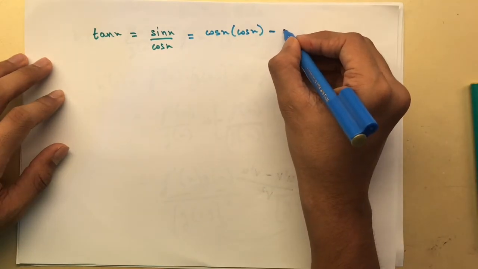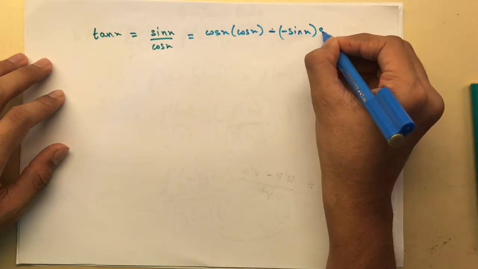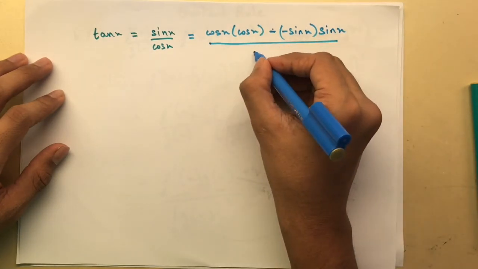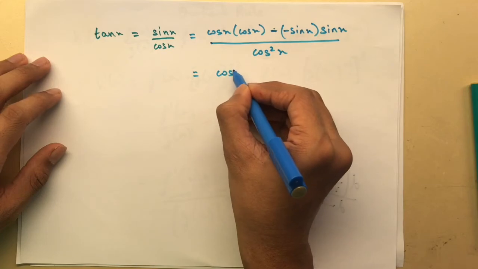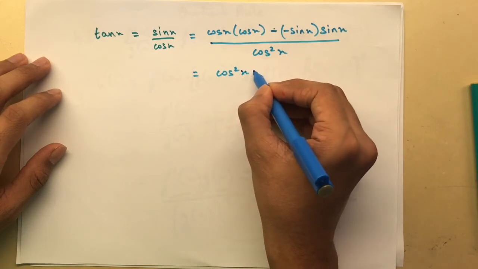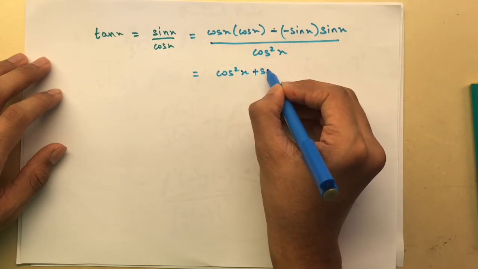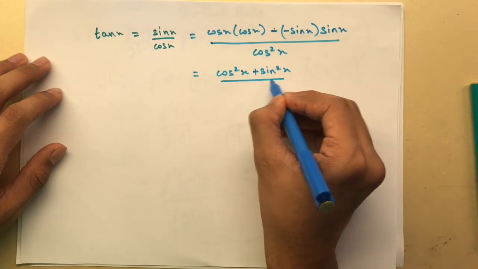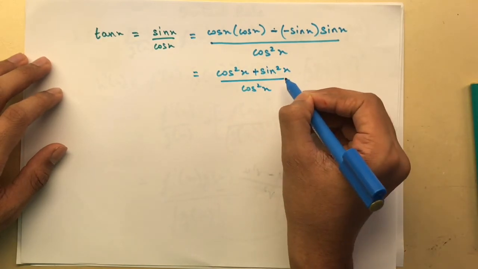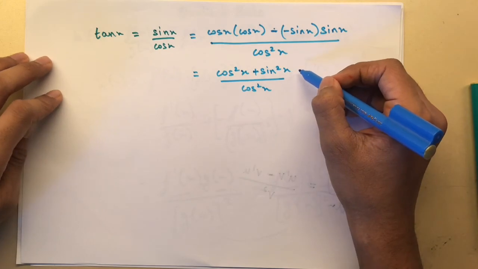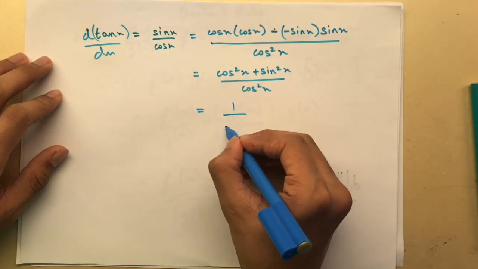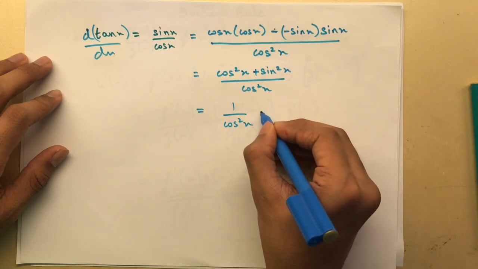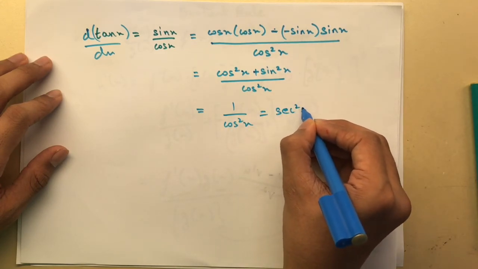Minus the derivative of cos x, which is minus sin x, times sin x, the whole thing upon cos squared x. Now this can be written as cos squared x plus sin squared x upon cos squared x. And since cos squared x plus sin squared x is 1, that is a trigonometric identity, this would be 1 upon cos squared x, which can also be written as sec squared x.